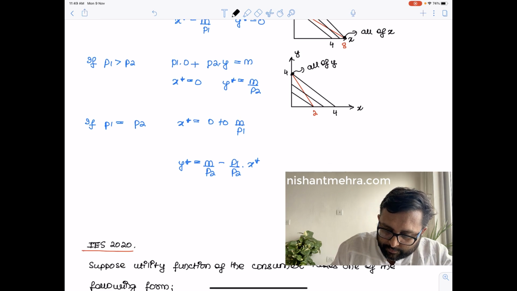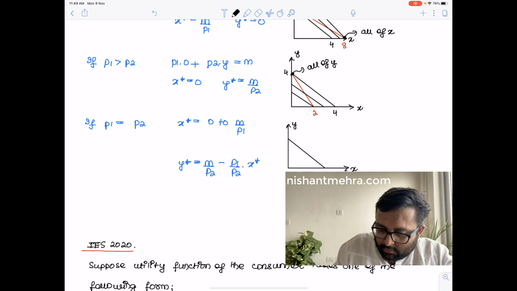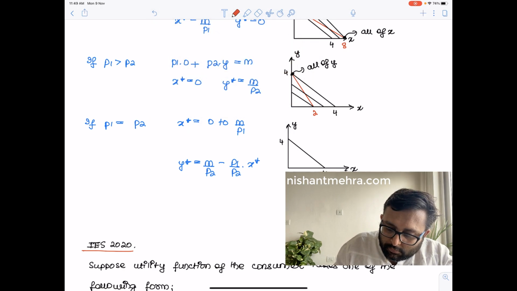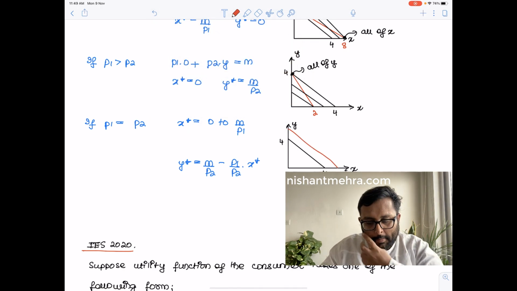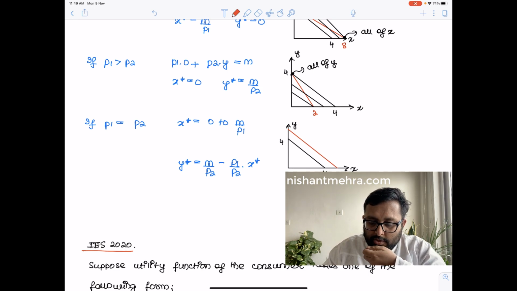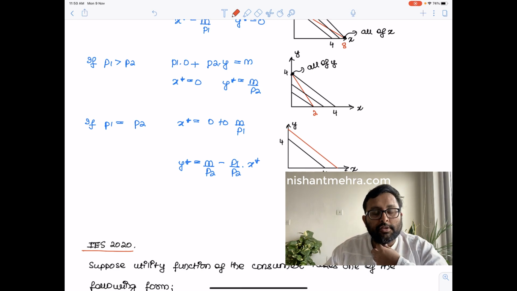Well, if you have like this, if the budget constraint slope and the indifference curve slope is same, so these are the parallel indifference curves.